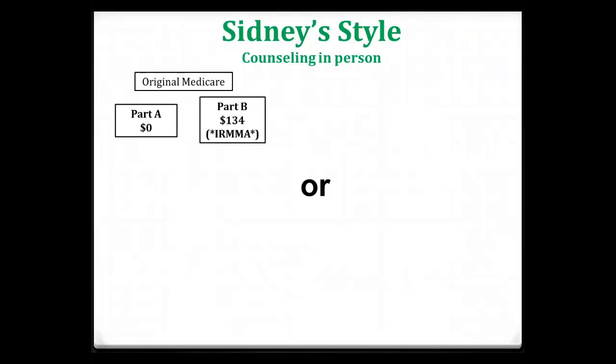So again, it's Income-Related Monthly Adjustment Amount. I apologize, I did the acronym wrong. There should be an A instead of an M.